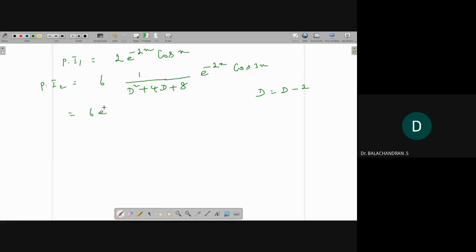6 into e power minus 2x, d minus 2 whole square plus 4 into d minus 2 plus 8, into cos 3x.